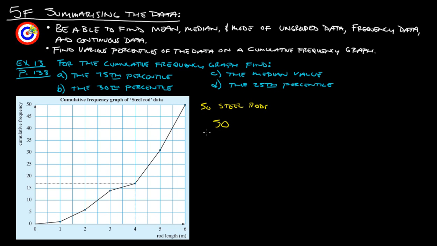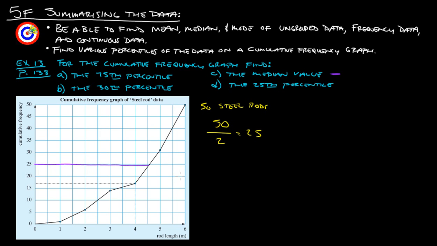Probably the easiest one is going to be C, finding the median value first. So 50 divided by 2 is 25. That means the median value is going to be this right here. Let's do this in a bunch of different colors. Let's do the median value in purple. So here's our 25.